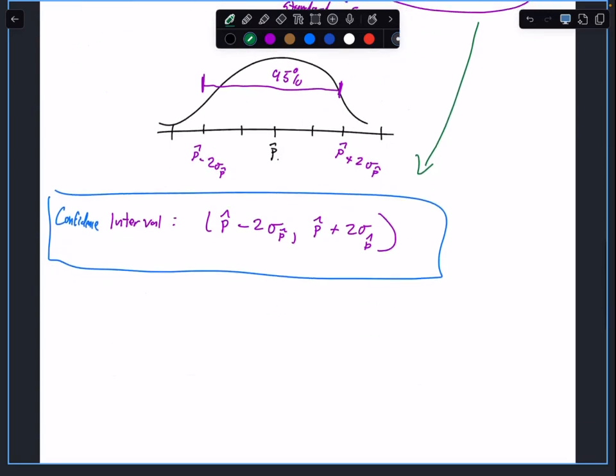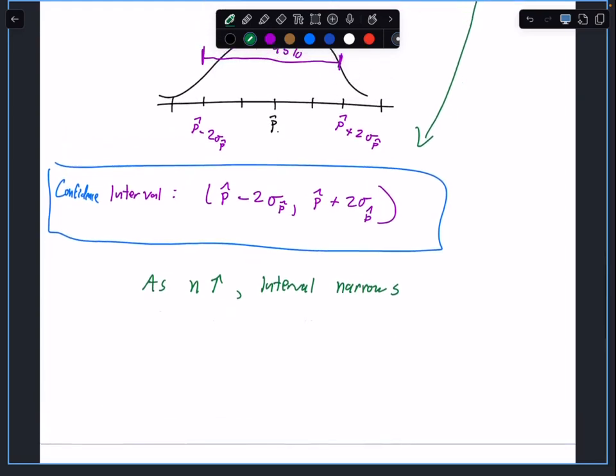So, as a result, as n increases, the interval narrows. Smaller n would be a wider interval. When we talk about intervals, we usually say narrower and wider.